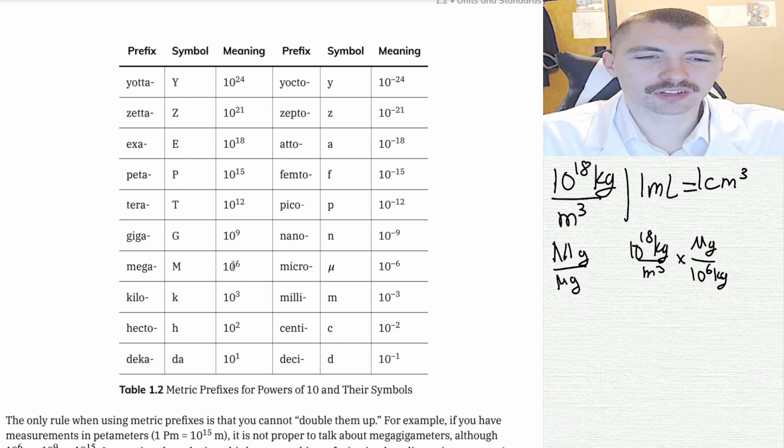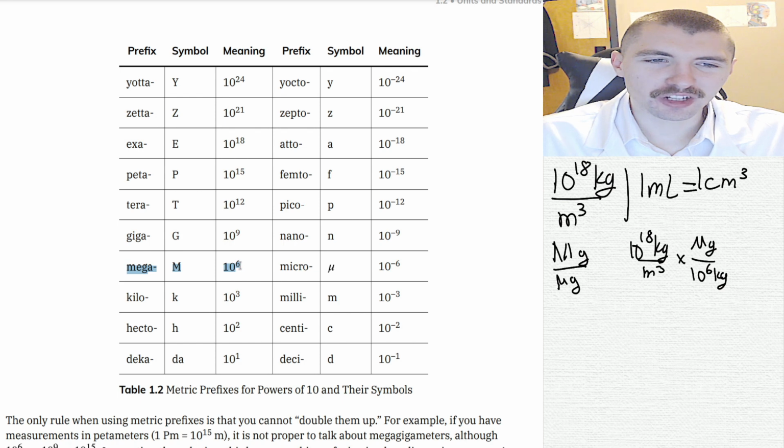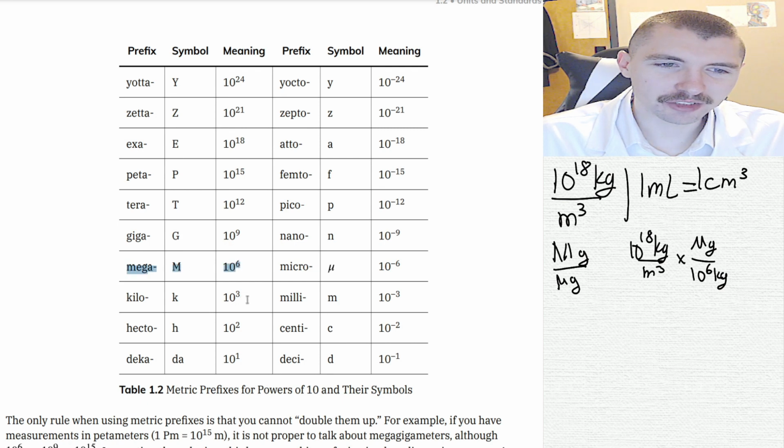It's hard to think about, like, can you tell from this graph that there's 10 to the 6 kilograms in a megagram? I could try to argue 10 to the 6 minus 10 to the 3. There's 10 to the 3 kilograms in a megagram.